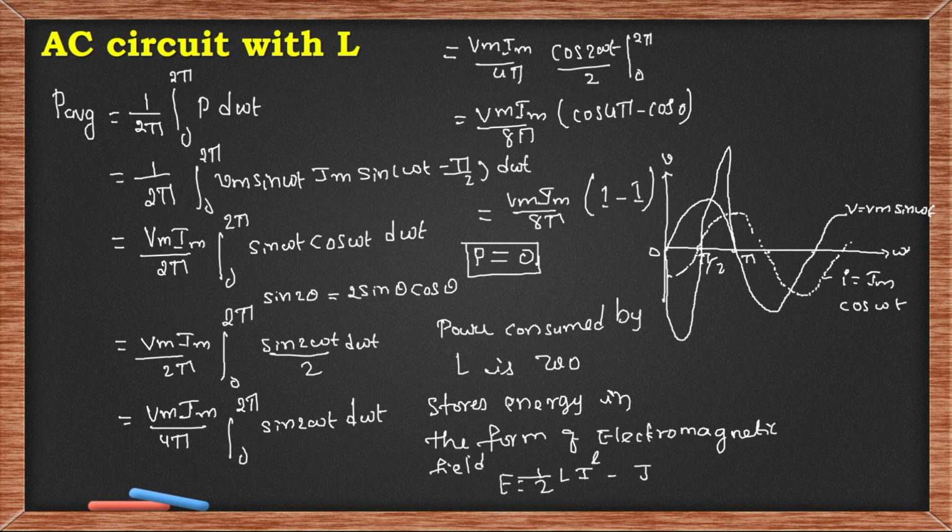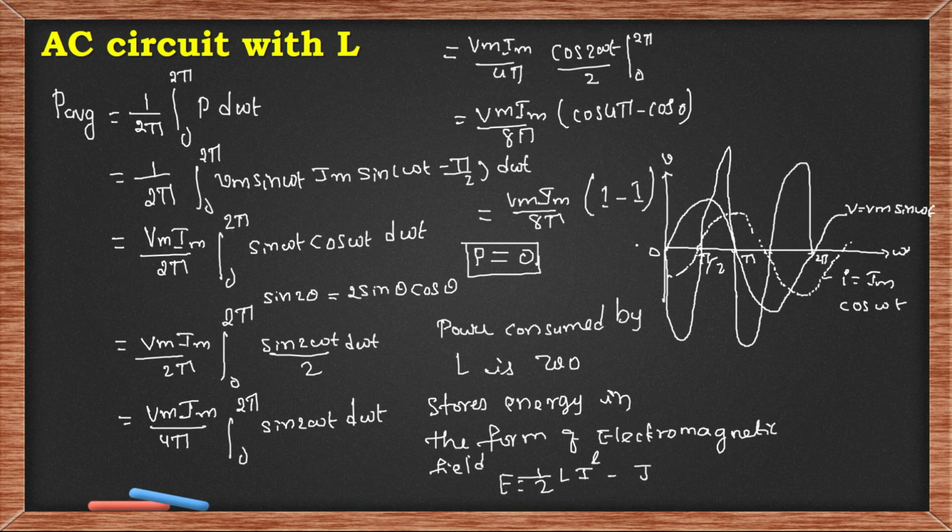Between pi and the next instant, the current is positive and the voltage is negative, so plus into minus is minus, and this is the lobe. Here, up to the final instant, that is 2 pi, both are negative, so minus into minus is positive.